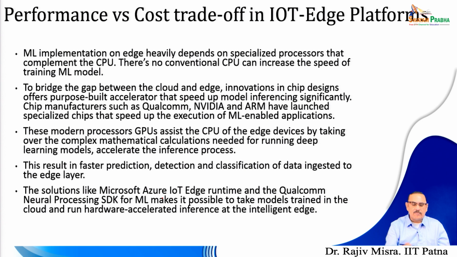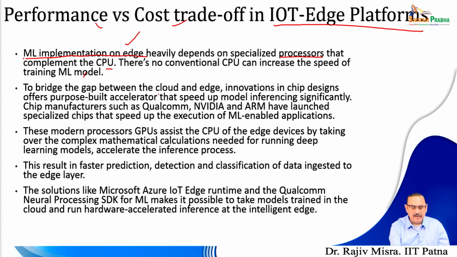Let us see about the performance and the cost trade off in such IoT edge platforms. Here, the machine learning implementation at the edge heavily depends on specialized processors that complement the CPU, and no conventional CPU can increase the speed of training machine learning models.